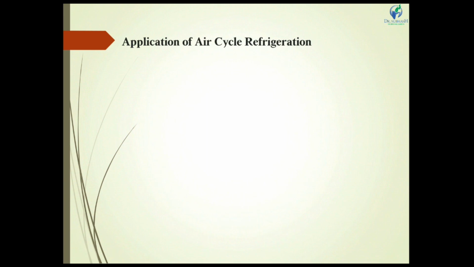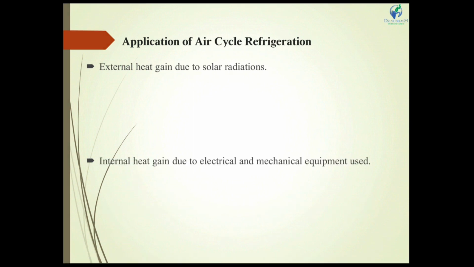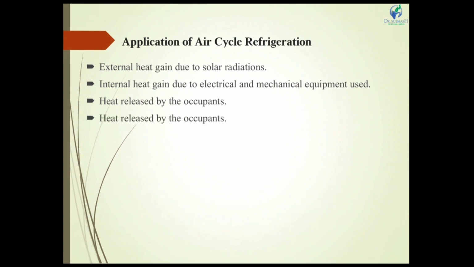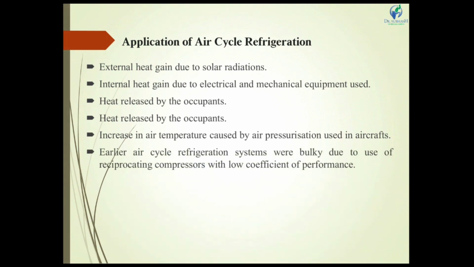The applications of this air refrigeration system include external heat gain due to solar radiation, internal heat gain due to the electrical and mechanical equipment used, heat released by the occupants, and the increase in air temperature caused by the air pressurization used in aircraft.